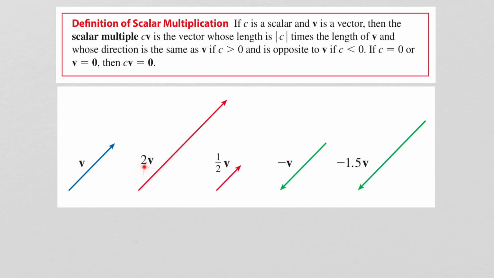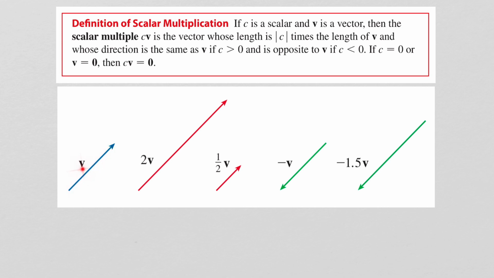So the magnitude of the vector got multiplied by 2. If I take the vector v and I multiply it by 1/2, I get a vector that points in the same direction as v, but it is now half the length of the original vector v.